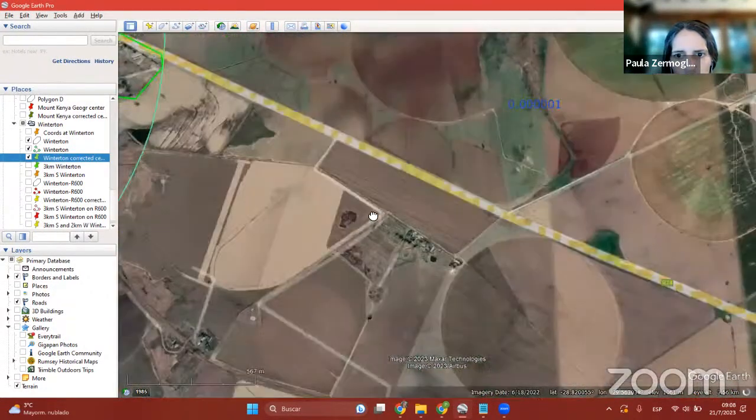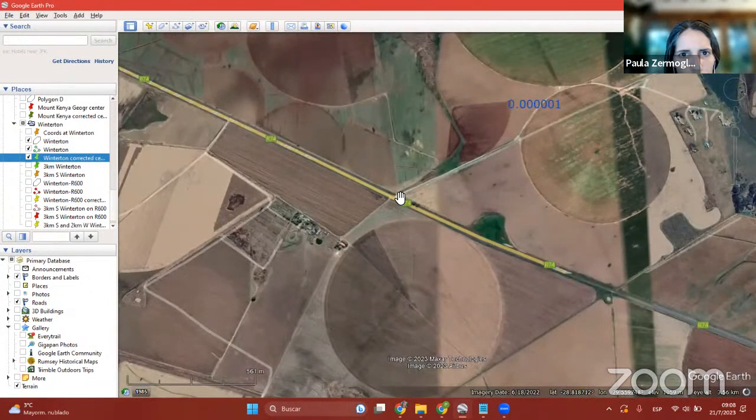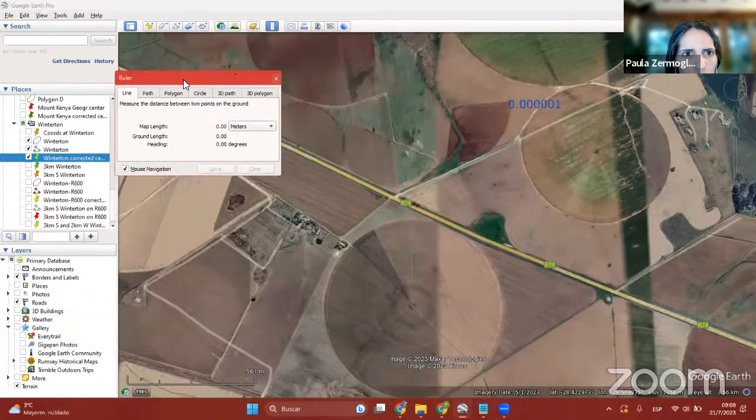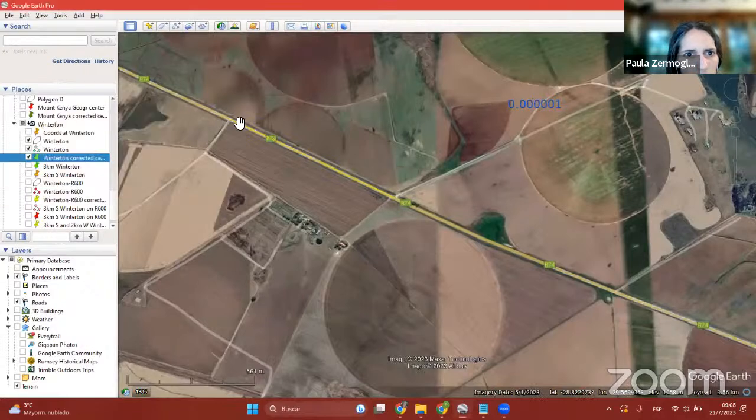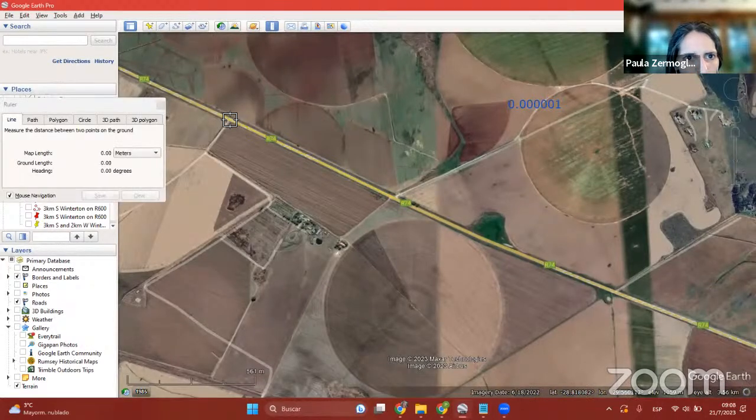Suppose that I want to measure from here to here. So I measure once and I get a value. Okay, 887 meters. I measure again and I get 879. I measure again. So how different are my own measurements among themselves? That's my error.